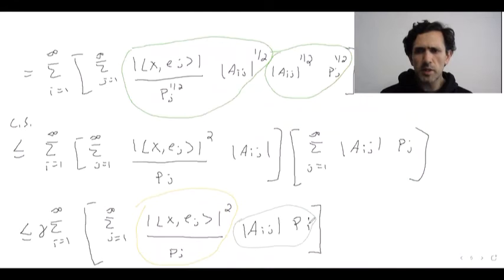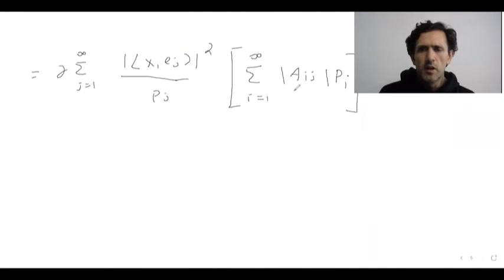It didn't magically become a j, it's p_i. So by the other assumption, this whole thing is less than or equal to beta p_j.